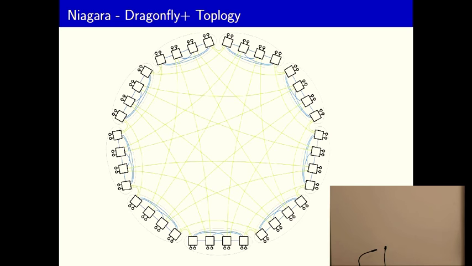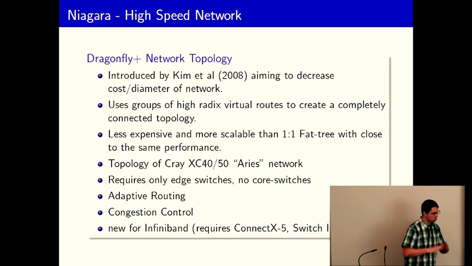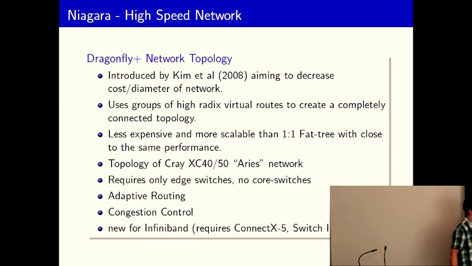So this is like congestion traffic control, where instead of saying all the traffic must go down these 2 lanes, I'm going to send some traffic over here and some over here, and the net benefit is overall. Now, I don't want to control it, and you don't have to either. This is well buried underneath in the fabric manager, but this allows us to use less hardware more intelligently to scale up to larger systems. And if any of you are familiar with network topologies or supercomputing in general, you've probably heard of the latest generation of Cray, the XC40 and XC50, at various sites around the world, and that is based on this topology.